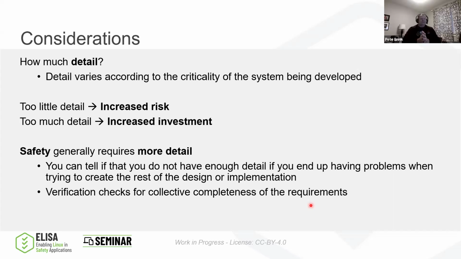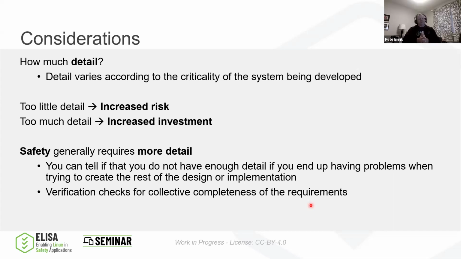The more time you spend writing requirements and doing design, the less time you have for implementation and testing at the back end. In my experience, it makes sense to spend a decent amount of time on doing some of the design work up front, because the more work on requirements and design that you do, the easier the coding is. And that's just my own empirical observations from having done this quite a few times.